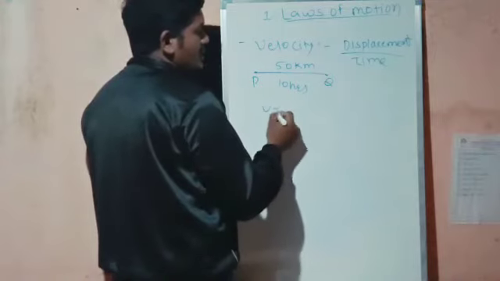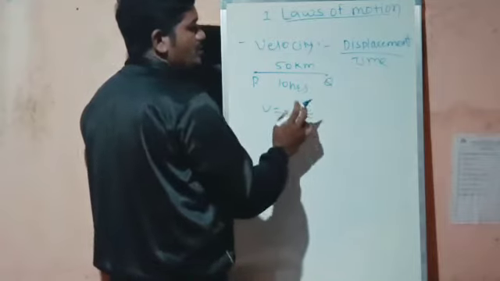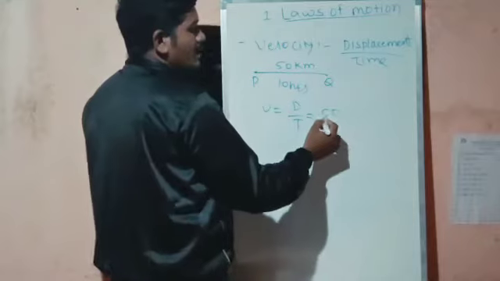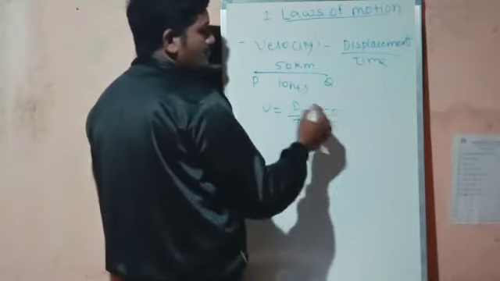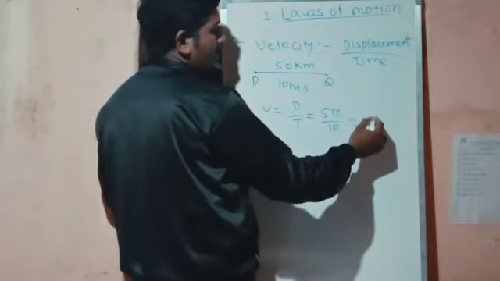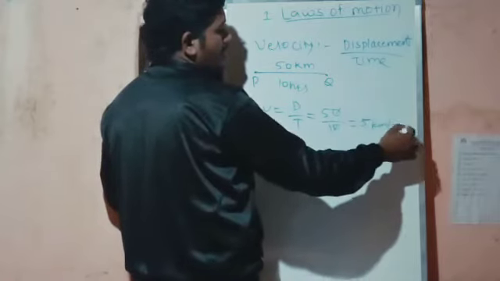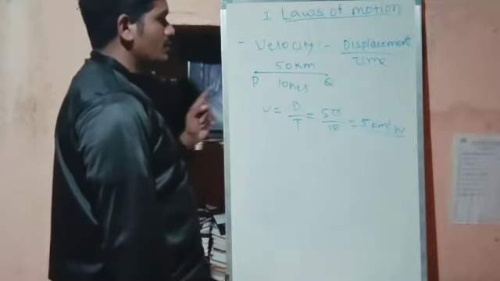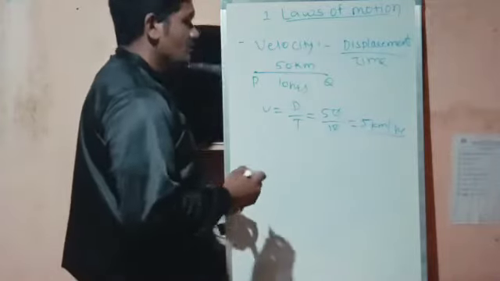The velocity is equal to displacement upon time. The displacement is 50 kilometer and the time required is 10. So this 0 gets cancelled, and 5 kilometer per hour will be the answer. This is the velocity of your bike when you cover the distance from P to Q.